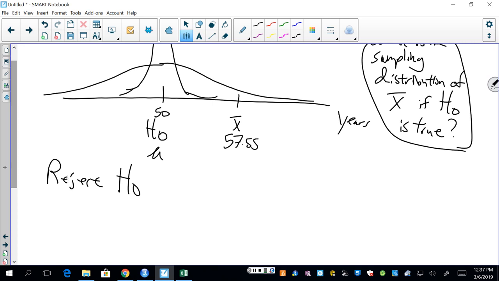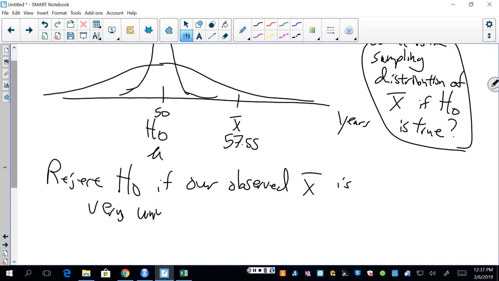So we're going to reject the null hypothesis and the value that's claimed there if our observed X bar is very unusual if the null hypothesis were true. So we're going to calculate the probability that we would get some value that big or bigger, at least that extreme under the null hypothesis.